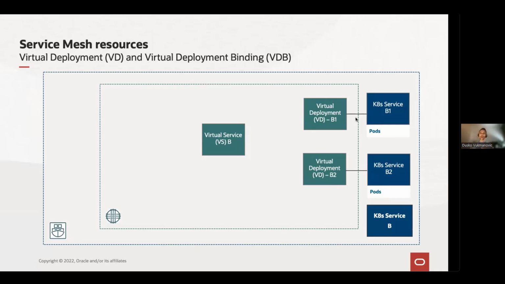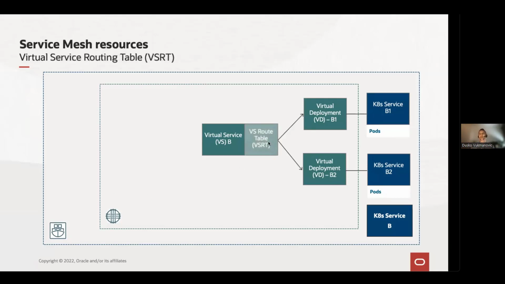Essentially, this binding is associating the set of pods that represent that specific version of your microservice with our virtual deployment. Now, when you have this in place, you can use the virtual service route table to manage the traffic if you want. If you want, let's say, uniform distribution, you don't even have to use the virtual service route table.